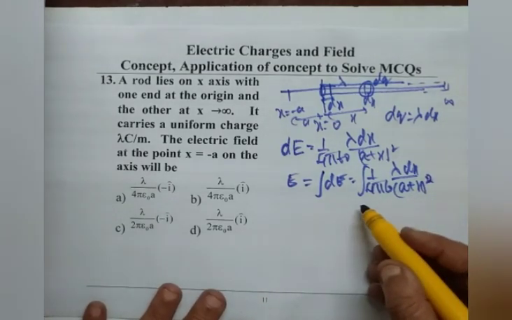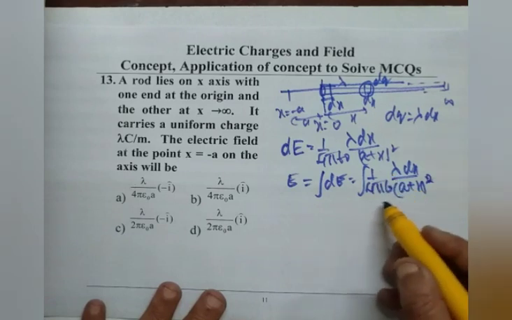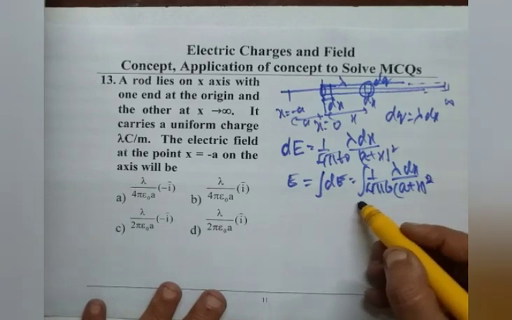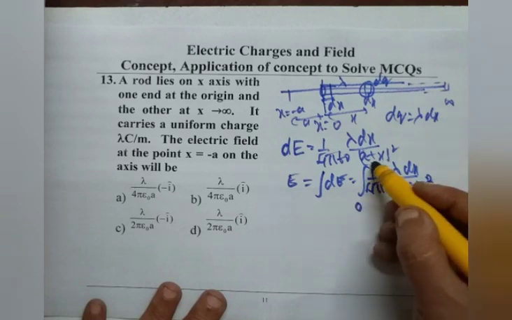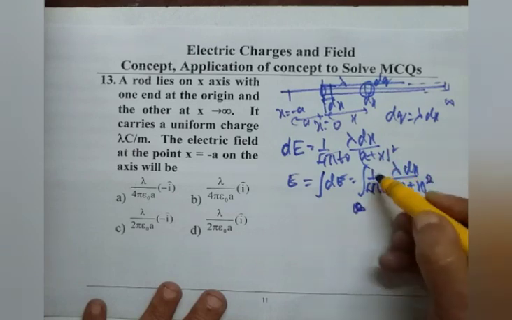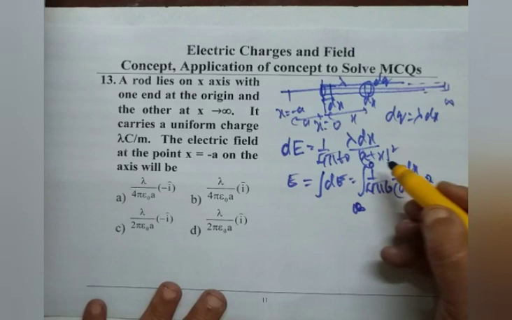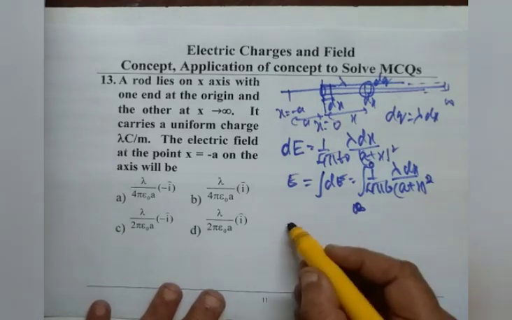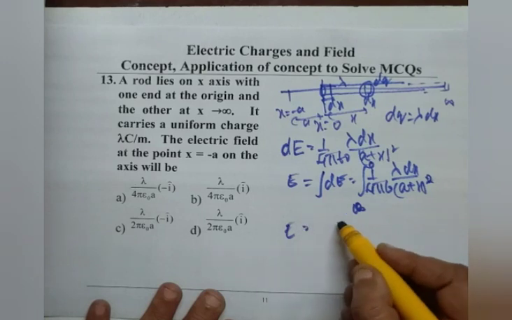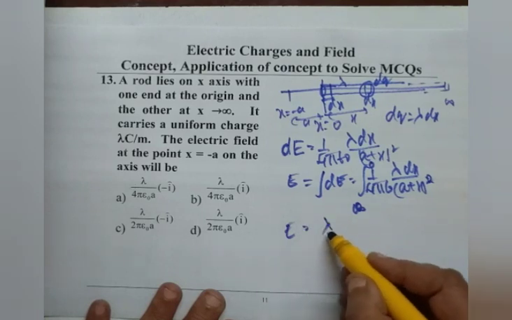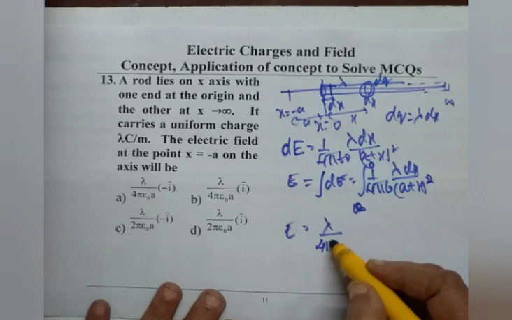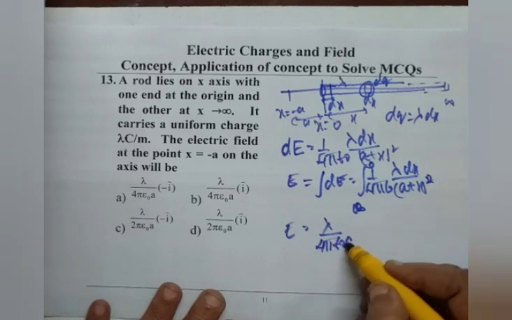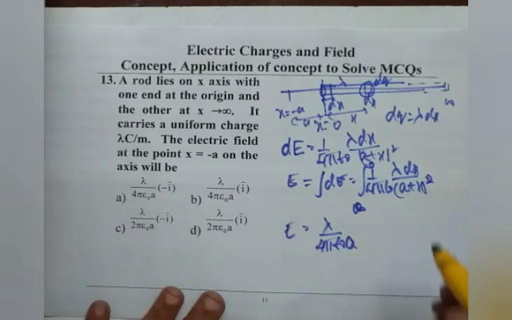The limits vary from 0 to infinity, nothing to worry. Then this will give us the final answer as lambda by 4 pi epsilon naught a only after integration.